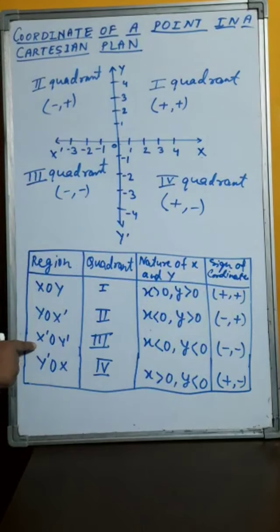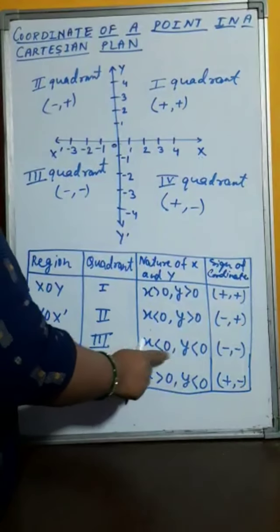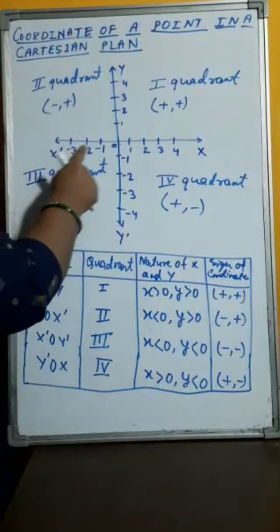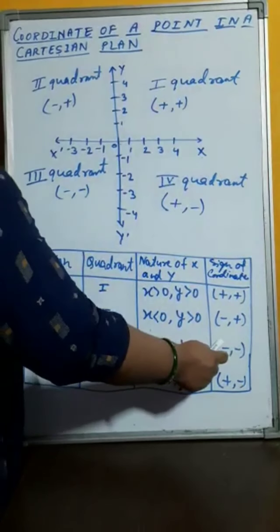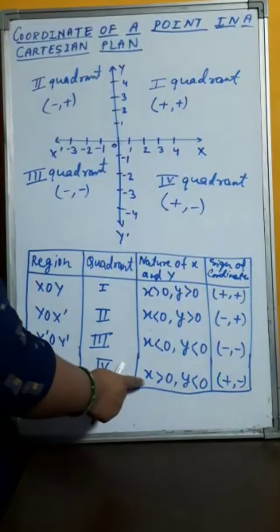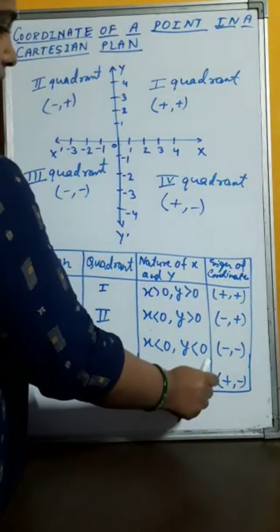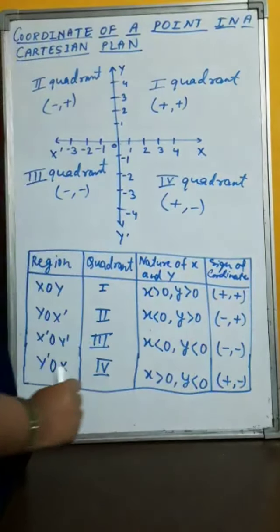Third quadrant, X dash OY dash: x is less than 0 and y is less than 0. This means both are negative and the signs of the coordinates are minus minus. Fourth quadrant, Y dash OX: x is greater than 0, y is less than 0 and the signs of coordinates are plus minus.